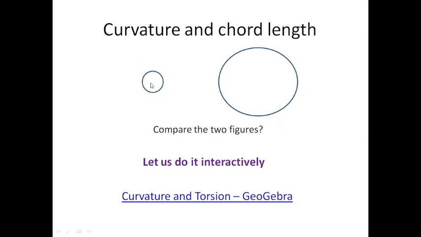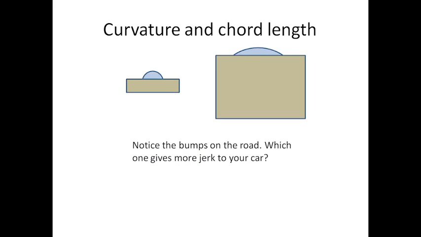And which one has high radius? This one naturally has high radius of curvature. I often provide an analogy of this curvature with the speed bumps that we often encounter on roads.